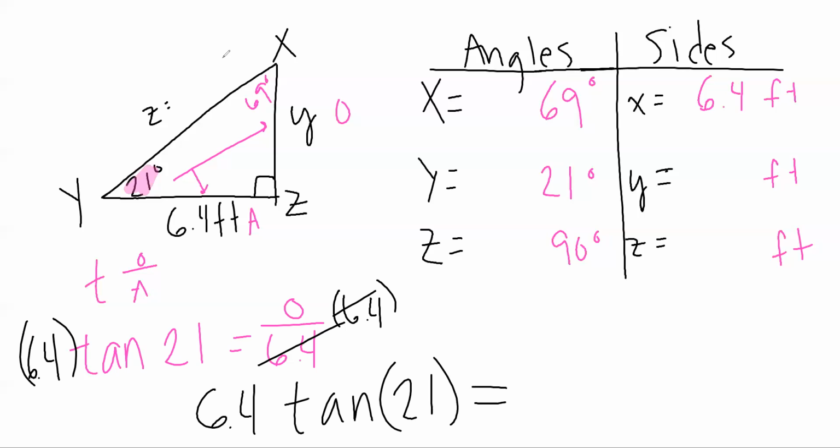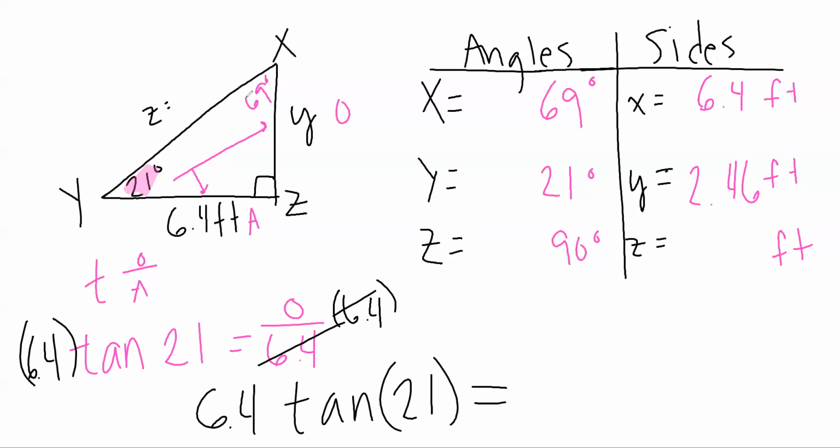So 6.4 tangent 21 equals approximately 2.46 feet, because I'm rounding to the nearest hundredth.